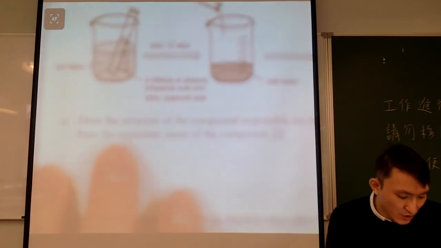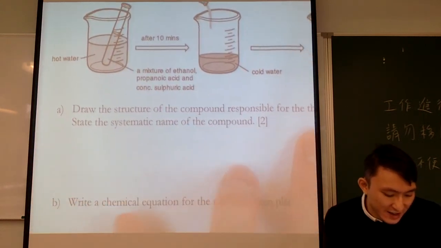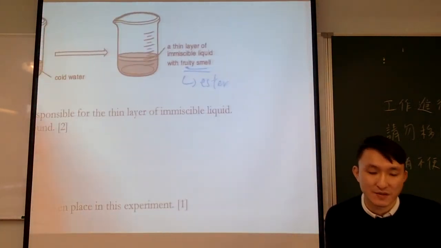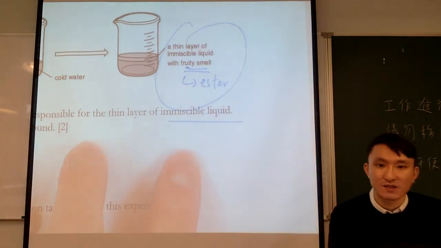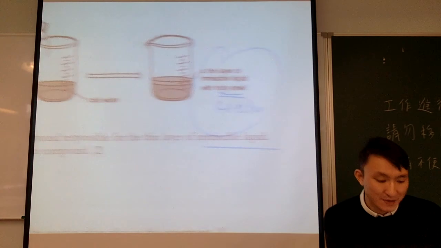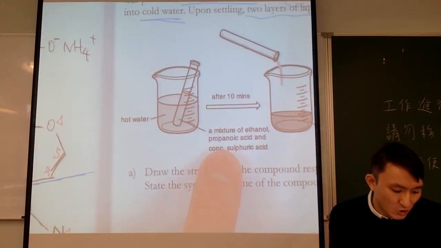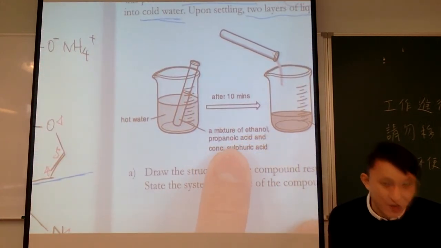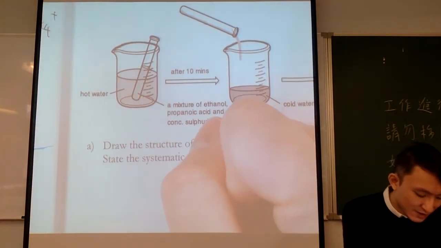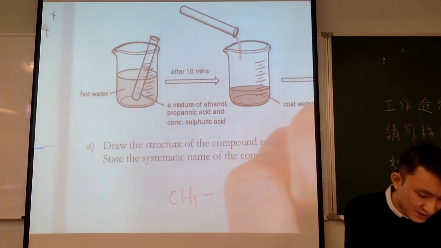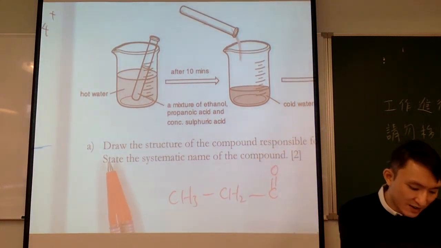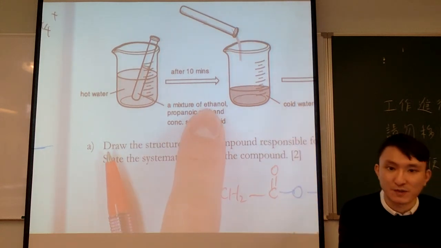Part A. Draw the structure of the compound responsible for the thin layer of immiscible liquid, the one with the fruity smell. Draw the structure and state the name. Now, this is an ester formed between ethanol and propanoic acid, right? So the propanoic acid is here, CH3CH2COO, and then the alcohol part would be coming from the ethanol.